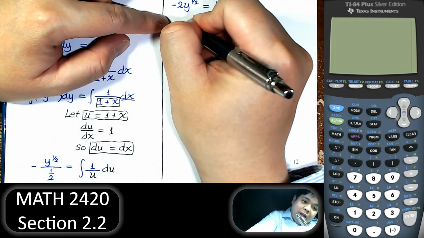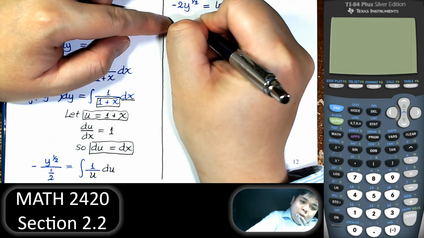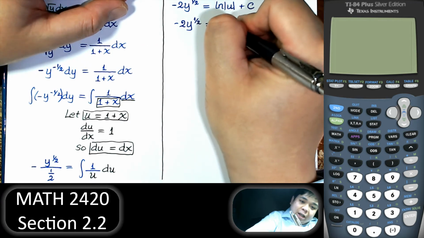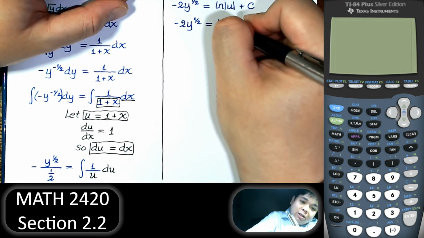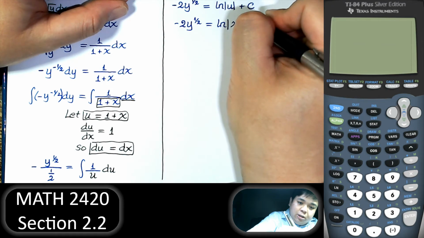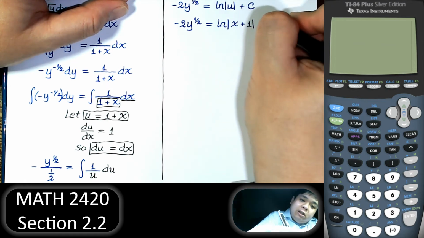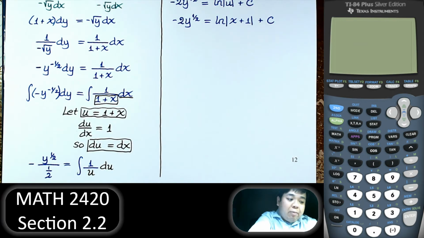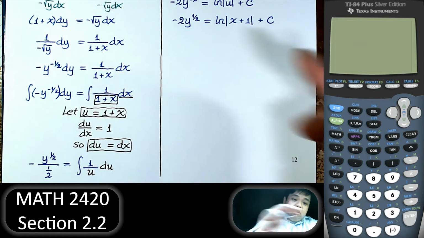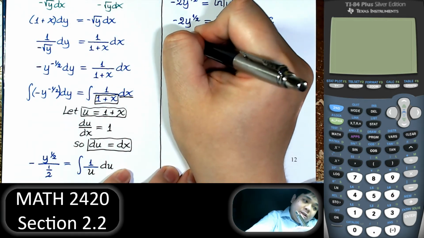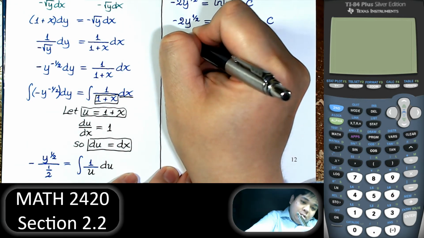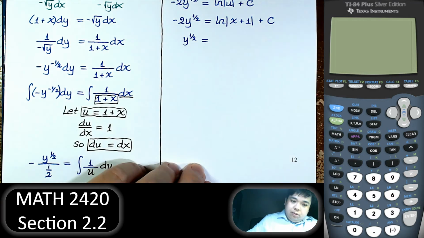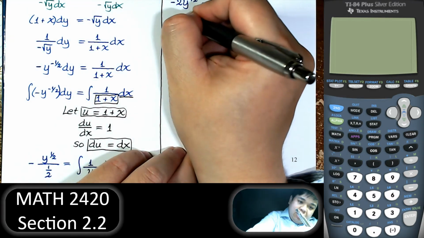So we have negative 2 y to the 1/2 equal to ln absolute value of x plus 1 plus c. Right. Now I will try to solve for y by itself. So divide everything by negative 2.